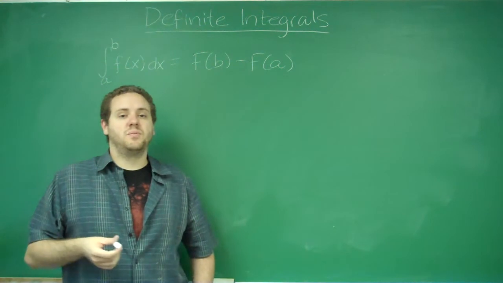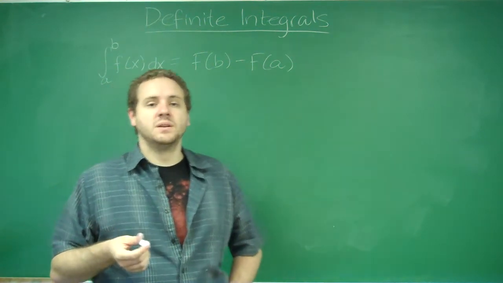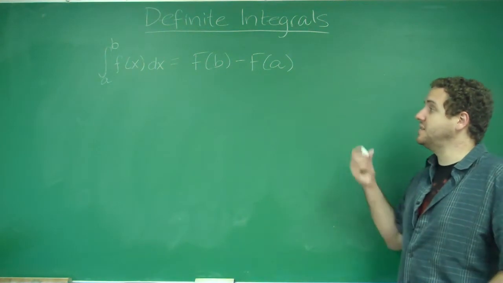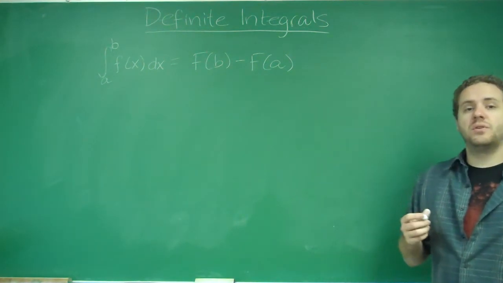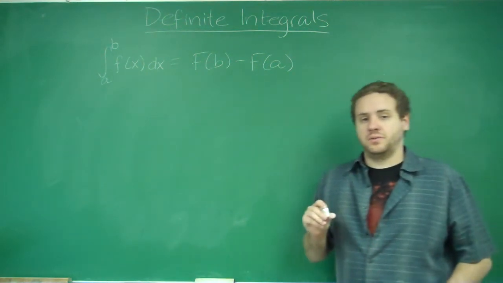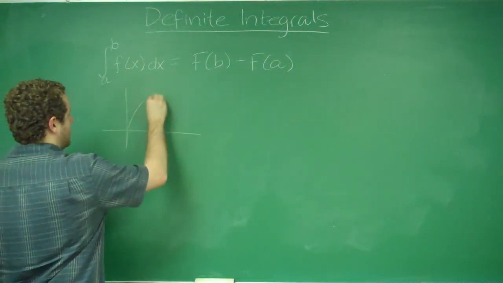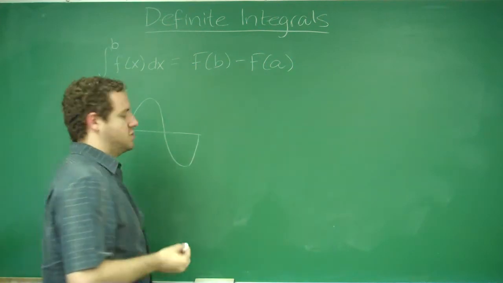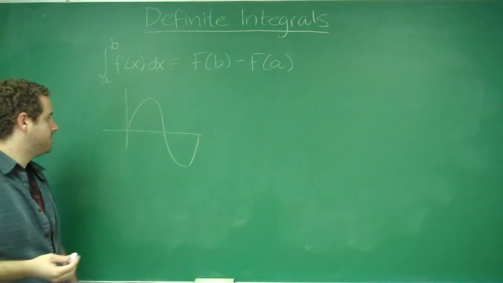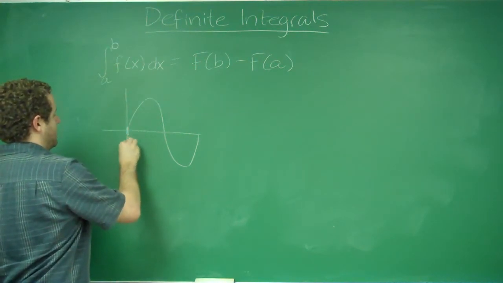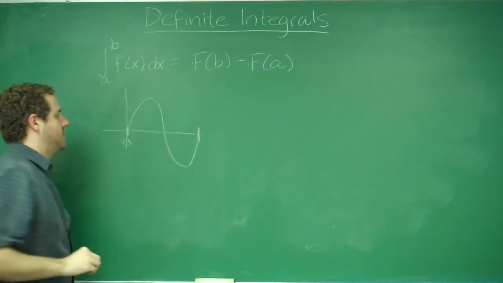So this has a variety of different meanings and a variety of different uses in your class. So this gives you the area under the curve. However, it doesn't exactly give you the area under the curve. For example, if you had something that looked like this, some trigonometric function maybe, and you did the integral from 0 to whatever this value is right here.